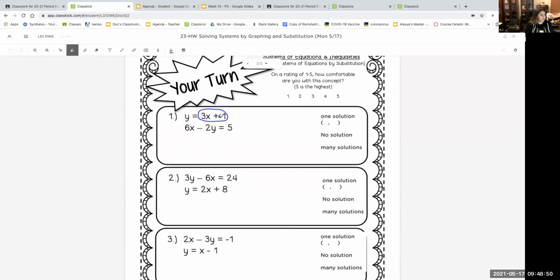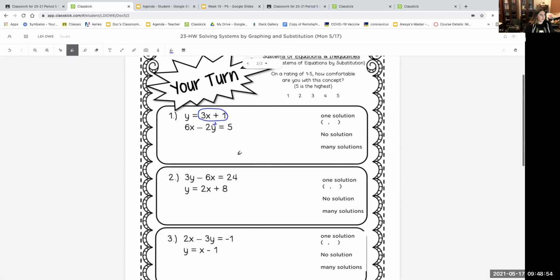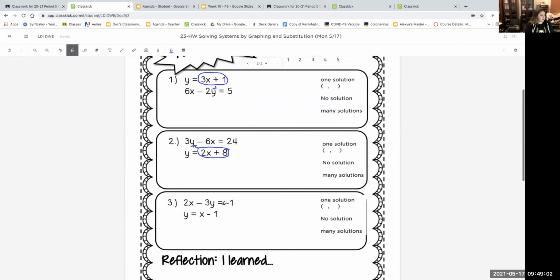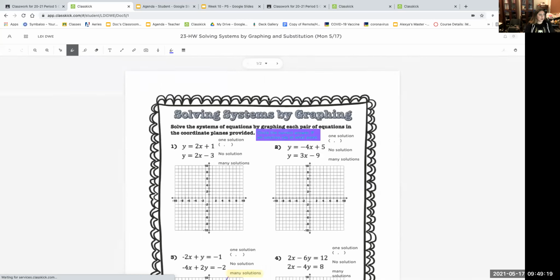You're taking this piece right here and plugging it into X or into the Y. This one is on the bottom, but you're still plugging it into Y. And this one's also on the bottom and you're plugging it into Y. And then circle one solution, no solution, or infinitely many. Yes, I still need to see all of your work. But other than that, that's it.